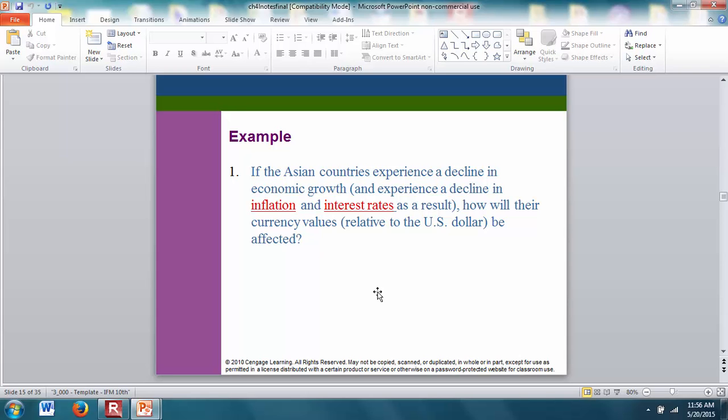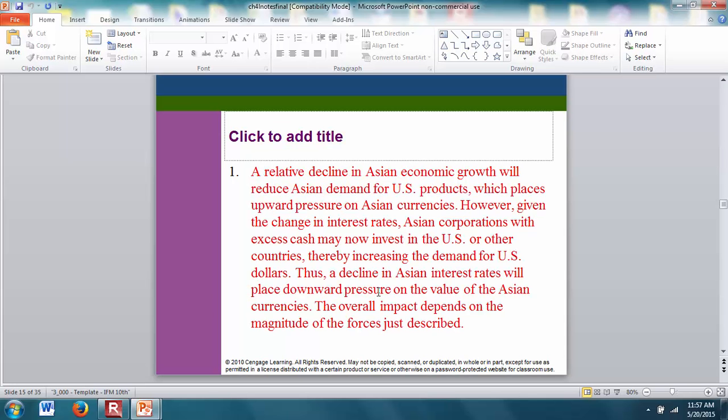And the second is interest rates, and what we said was as interest rates go up, we can expect the currency to appreciate. Now in this case, what we have is a decline in inflation. So as the inflation declines, the currency should appreciate, and as interest rates go down, the currency should depreciate. So we have two effects, and they will be in opposite directions.